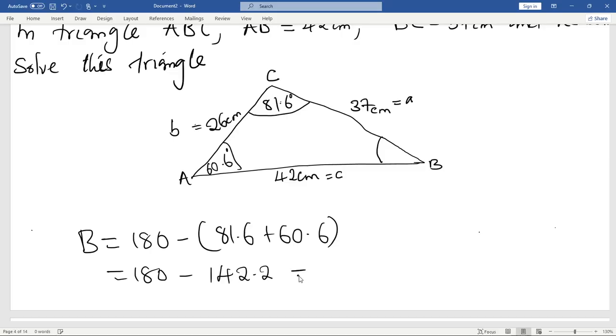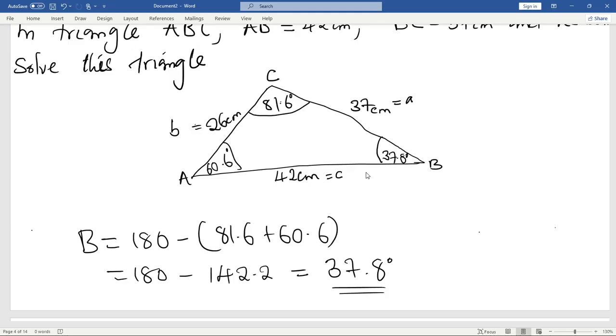So if we subtract them, so we say 180 minus the answer that we have, we're getting 37.8 degrees like this here. So therefore here we have our 37.8 degrees like this.